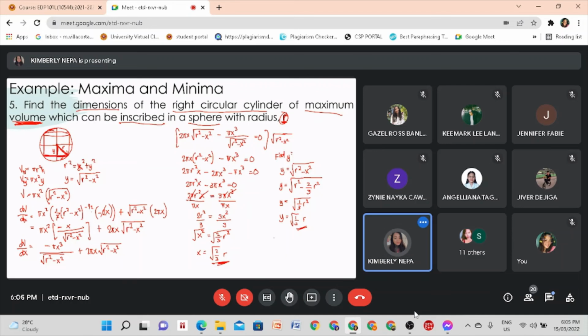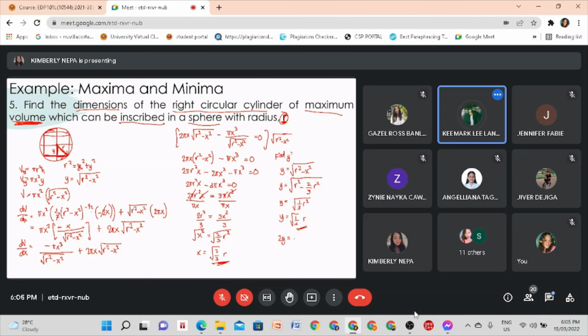Okay, so 2y is how much? We just multiply y by 2. 2r square root of 1/3.